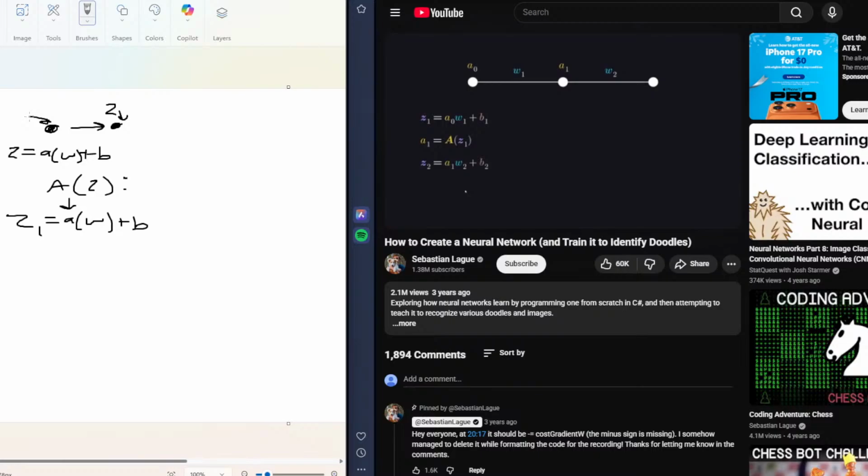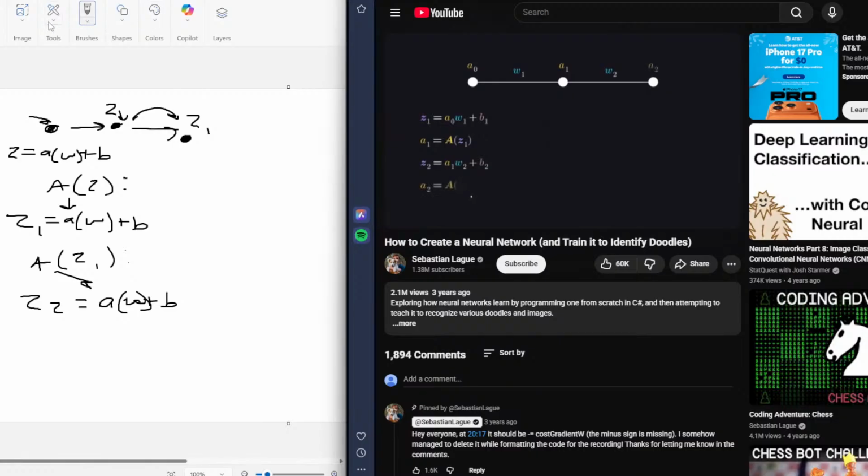And the same concept, you have another node. So this Z1 now becomes the input to here, which runs through the activation function of Z1. And then now for Z2, it is equal to A, which is coming from here, times W plus B.